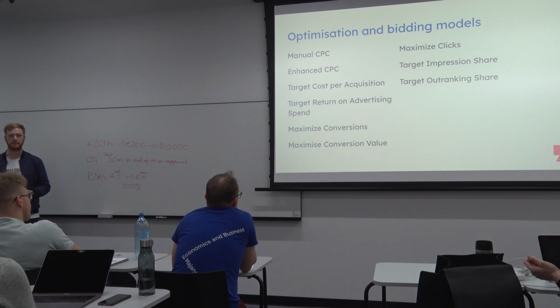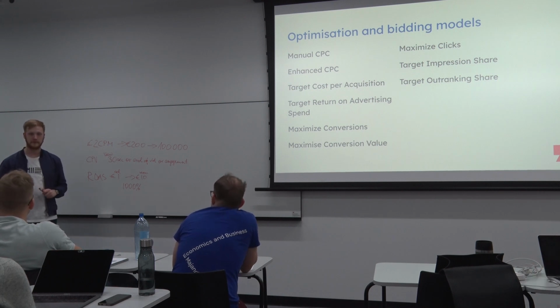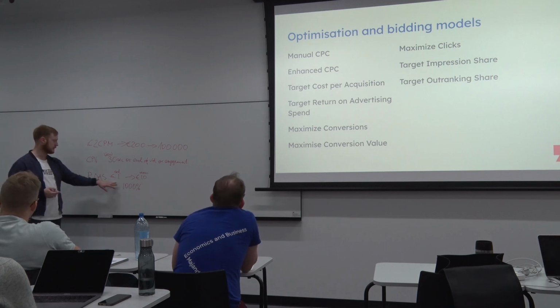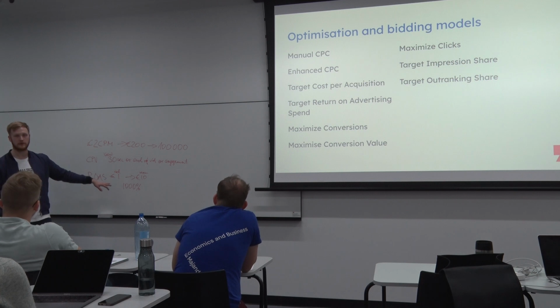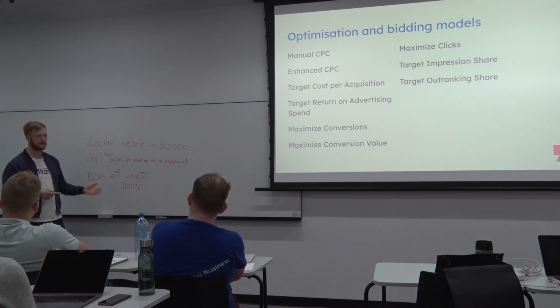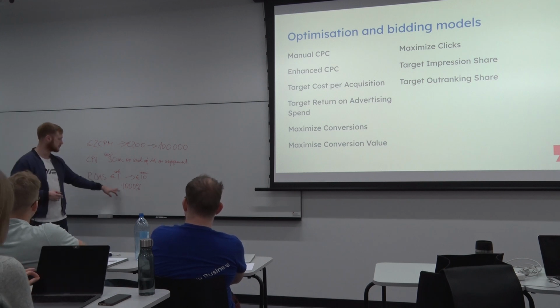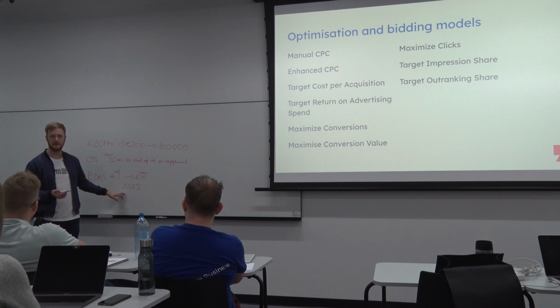The target return on advertising spend seems like a risk-free opportunity. Yeah, most of the time. Here you basically have to take into account what your margin is. So if you have a software company where your margins might be 97%, then your target ROAS could be anything over 101% and you are profitable.